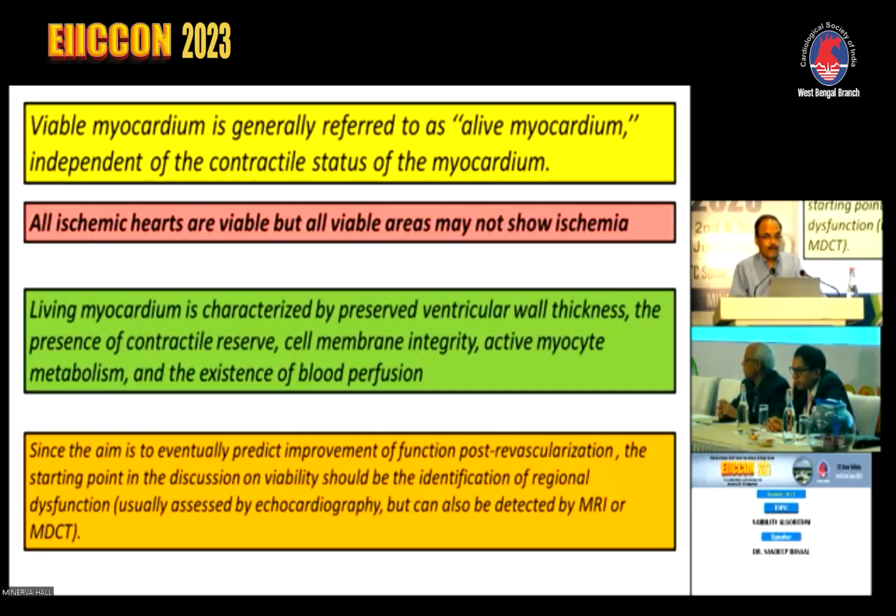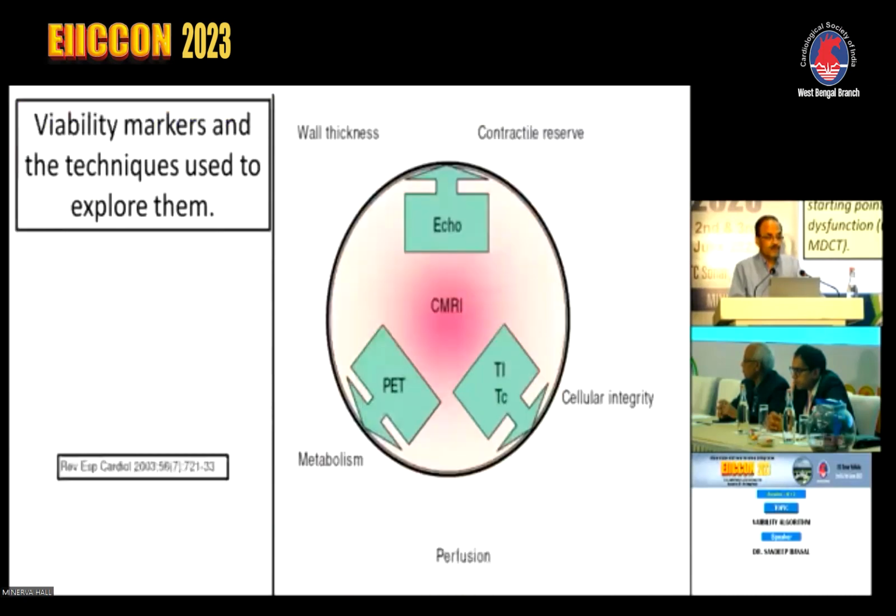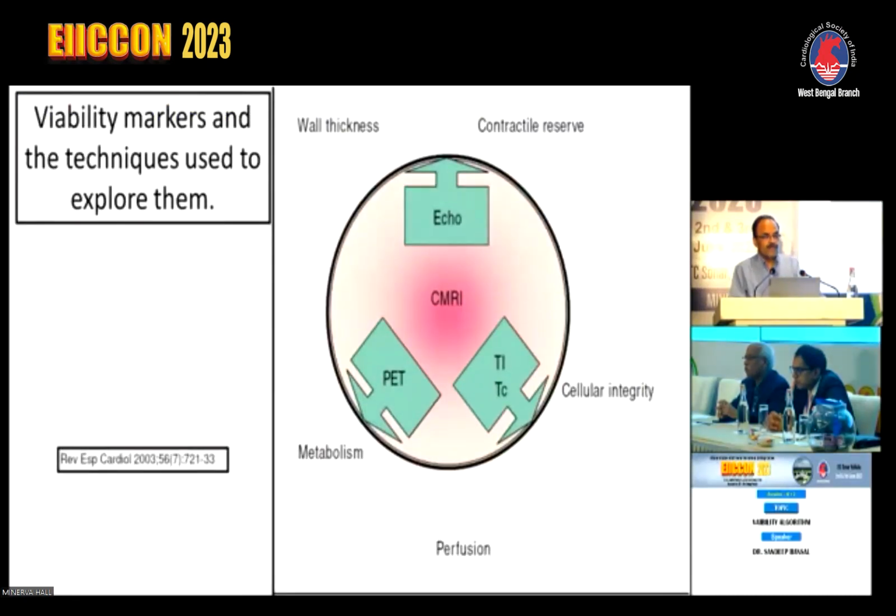Now, all this is theoretical. The main importance of viability is whether the functioning of the heart is going to improve once the flow is normalized or not. So as I said, the tests for viability take into account all these features that are highlighted in this particular slide.